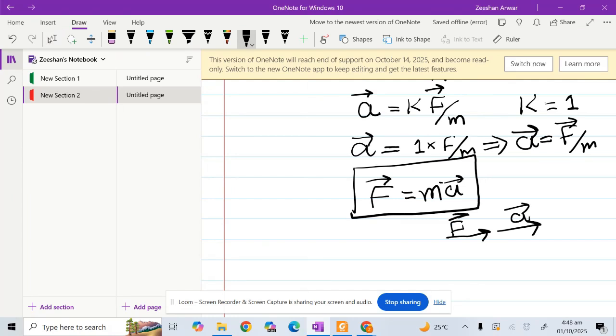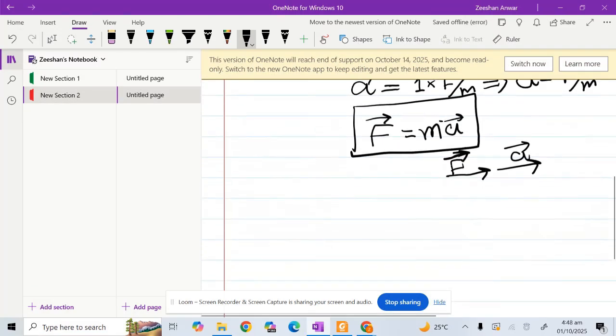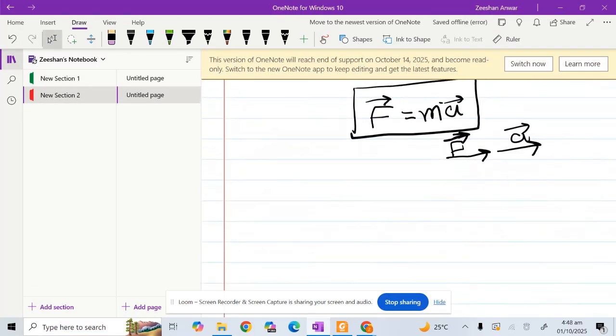Okay, so as you know that physics is all about measurement, we have to discuss their units as well. The unit of force is called Newton.